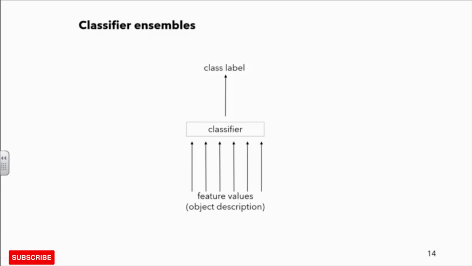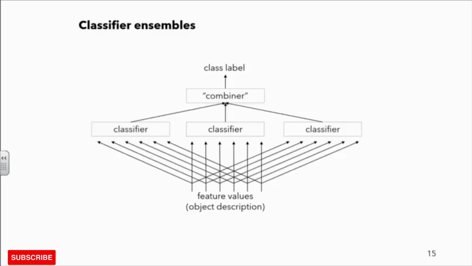The next type of classifier, which is the last one that we're going to touch in these lectures, is called classifier ensembles. So far, we had one classifier, a set of features, and then we assign a class label. Well, now we've seen different types of classifiers: SVM, decision tree, linear classifiers.